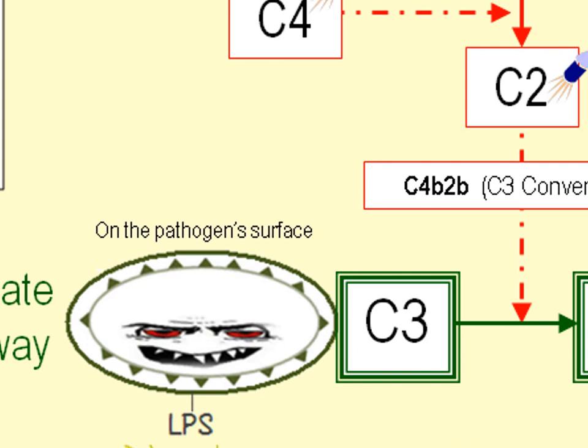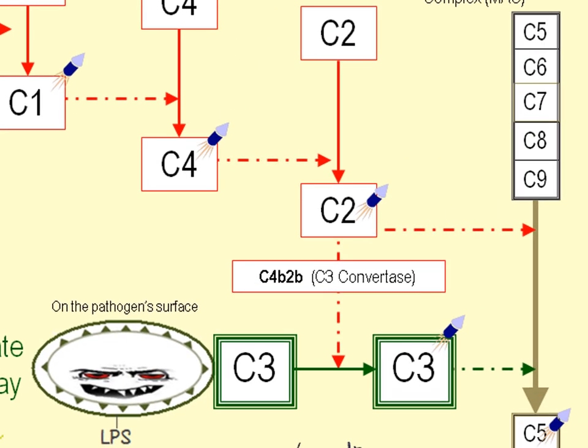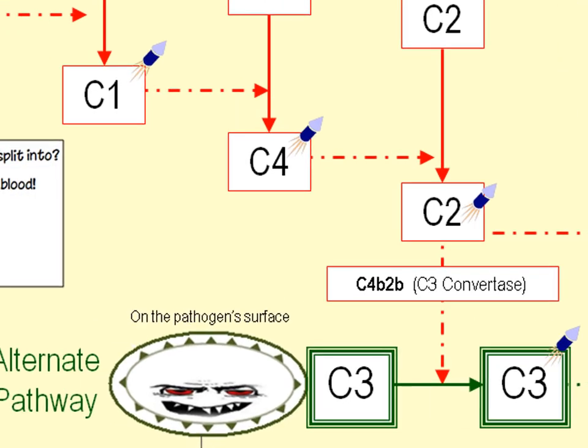This is a very quick pathway. It doesn't need to sequentially walk through C1, C4, C2. The moment that interaction happens between C3 and the surface of the pathogens, you get activation of C3 and you activate the MAC complex on the very same bacteria that C3 has joined to it. So these are the two major pathways that we're going to be discussing.